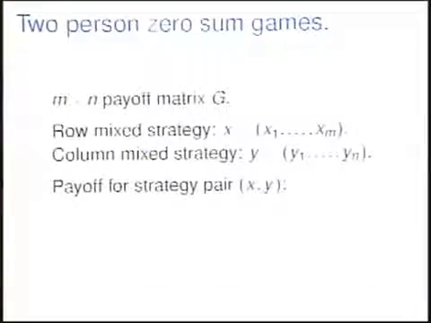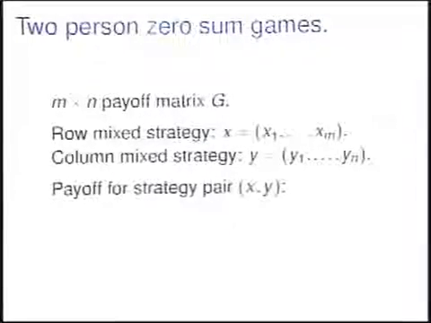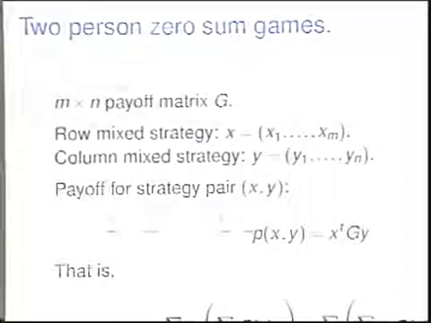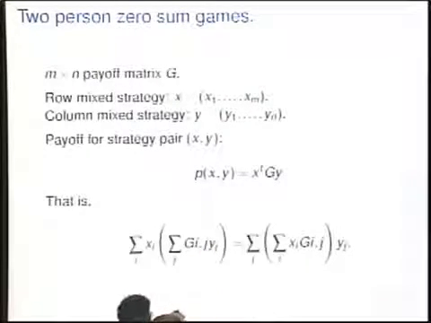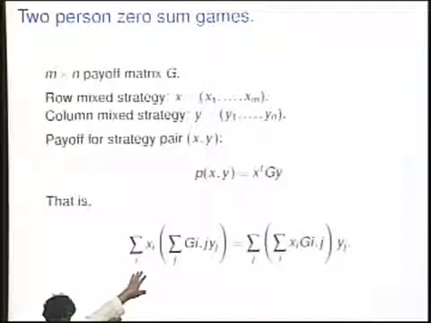Okay, so the payoff for the strategy pair. Now you can't just look up the payoff in this matrix. You actually have to calculate what this means. So we calculate it using expectation. The expectation, the value of this game is just x transpose times G times y. It's just this matrix product, which is also this particular expression.